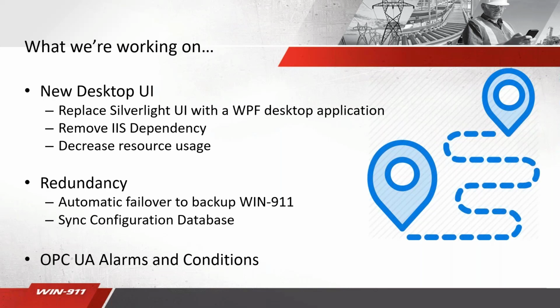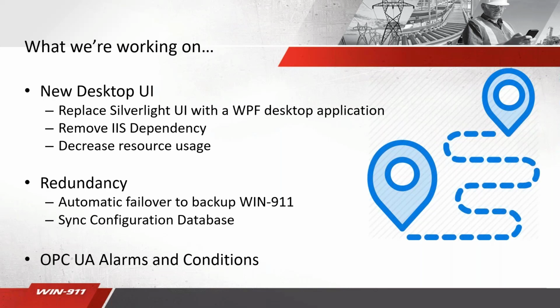We're also working on some redundancy updates, so automatic failover to a backup WIN-911 machine, and then syncing the configuration of the databases. If you don't know what that means, basically right now, if you have your active WIN-911 and your backup WIN-911, any change that you make to your active settings, you're going to have to go manually make those changes on your backup, or have your own schedule where you back up the SQL databases and restore those, like maybe once a month or however often you want to do it.